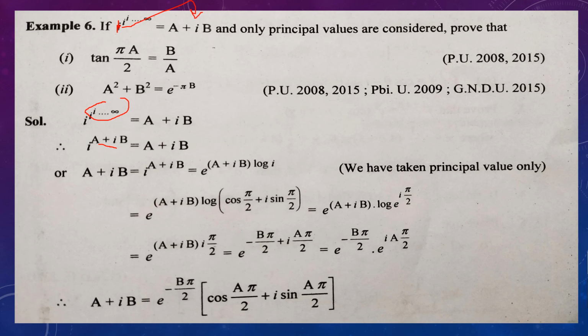So now I have to solve this exponential form. First of all, rearrange the terms right here, right here. That means the left goes to the right and the right goes to the left. Now you have to simplify it as an exponential form, e raised to a plus iota b times log iota, taking only the principal value. Whenever you have to take the principal value, you have to make 2n iota equal to 0.